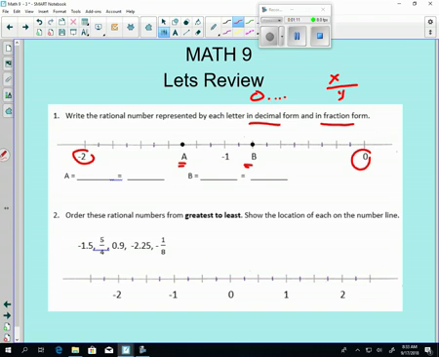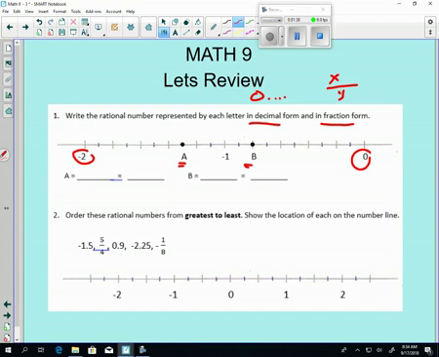So first of all, let's figure out how many fractions we have between 0 and -1 and between -1 and -2. If we look at 0 and count the little marks on the line, we have 1, 2, 3, 4, 5, 6, 7, 8, 9, 10.